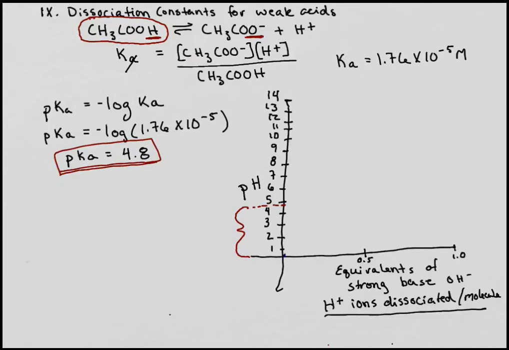As we raise the pH and eventually add 0.5 equivalents of base, in all of these pHs below the pKa, CH3COOH predominates.